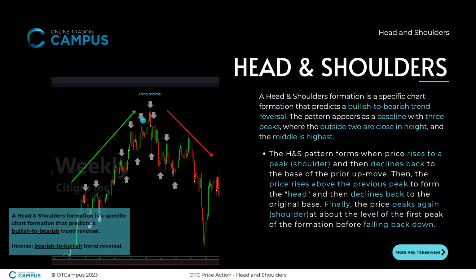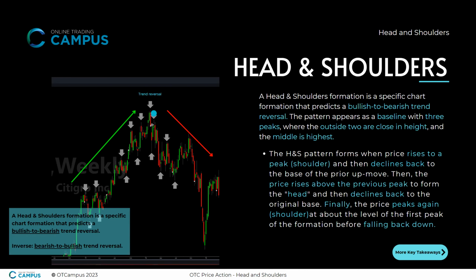Talking about this, the shoulder, right? Move higher. We form a head that's higher, right? And then it declines back to the original base. Boom, right? Finally, the price peaks again from here to here, we create another shoulder at about the level of the first peak of the formation before falling back down. Boom. You understand?